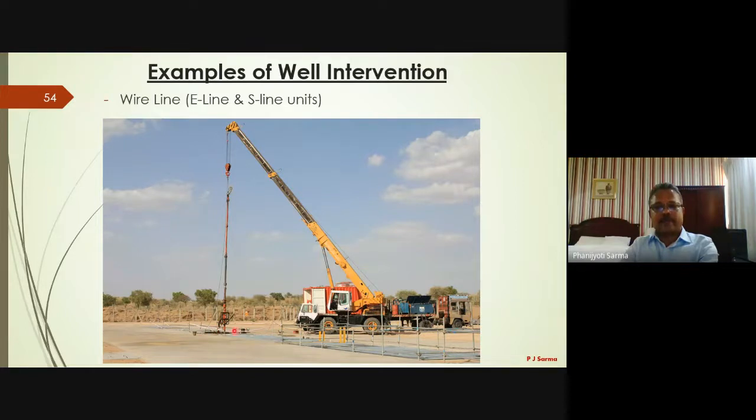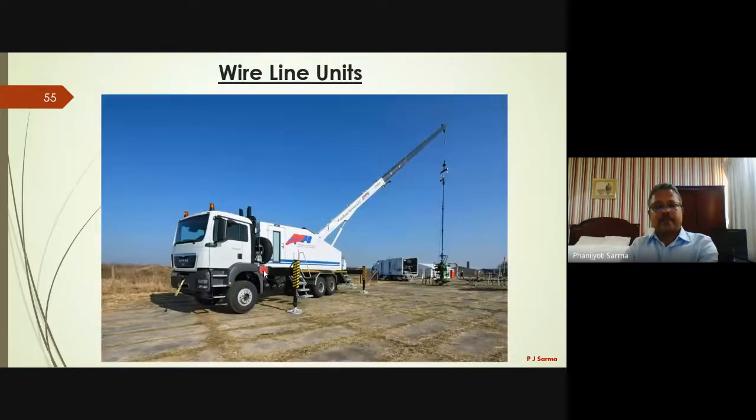Again, you can see the well is there, and the pressure control equipment is being rigged up, and slick line is inserted into the well for surveillance or the jobs for which it is intended. Now, this is another type of wireline operation, for example, a logging operation with the electric line.